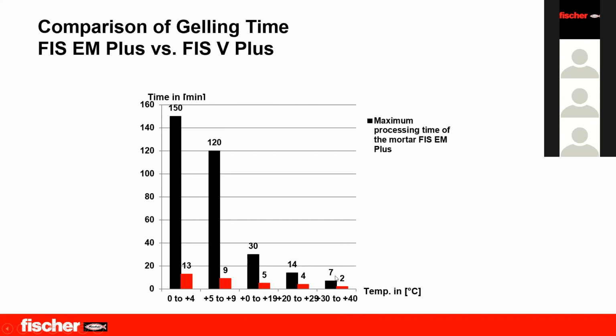We have only 7 minutes of gelling time for epoxy and only 2 minutes for vinyl ester. It means once you drill the hole and install your anchor, you have only 7 minutes for epoxy to align. Before that, it should be aligned. At the same time, you have 2 minutes to align in vinyl ester, and this is why epoxy is always the most common choice in the Middle East.